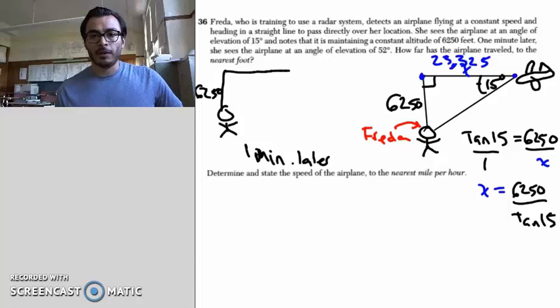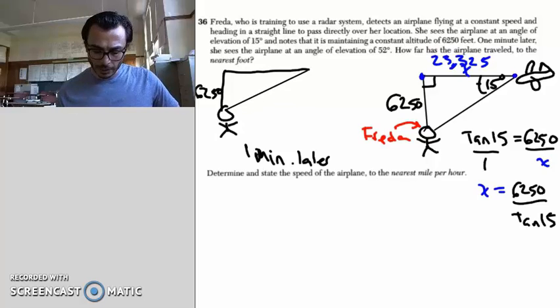But the airplane is now closer to Freda, and because it's closer, the angle of elevation has now increased to 52 degrees.